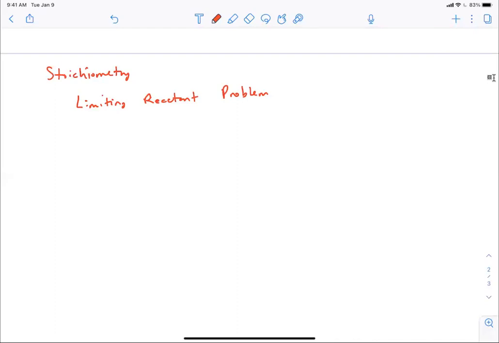And so if I'm looking for a shortcut for doing this, okay, if I have like A plus 2B yields C, and I want to find which one's the limiting reactant, okay, if I have 3 moles of A and 4 moles of B, okay.